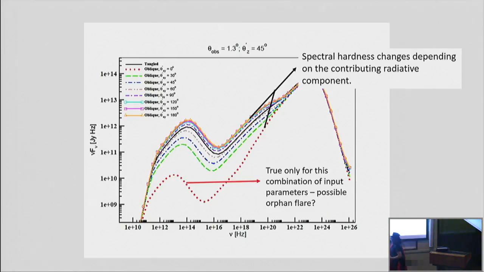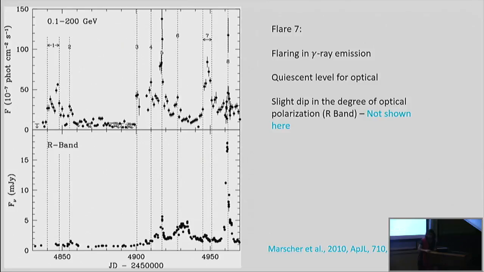The spectral hardness also changes as you change the obliquity of the magnetic field in the xy plane. So just to give you an example of this type of behavior which was seen, this is from the blazar PKS 1510-089, and if you look at flare number 7, what had happened was you did see a flare in the gamma ray, but there was nothing in the optical, in the R band.